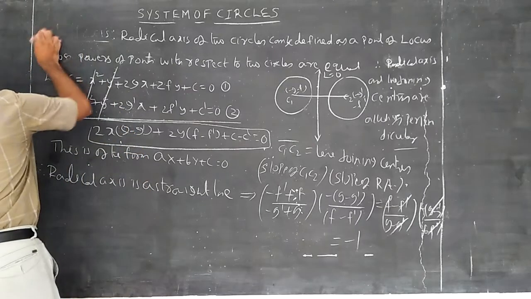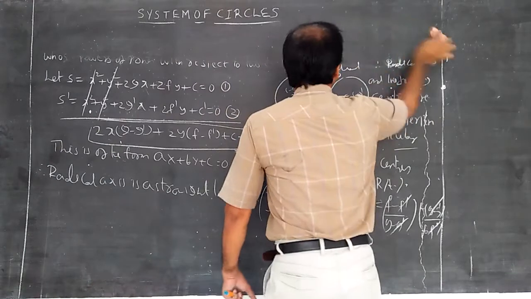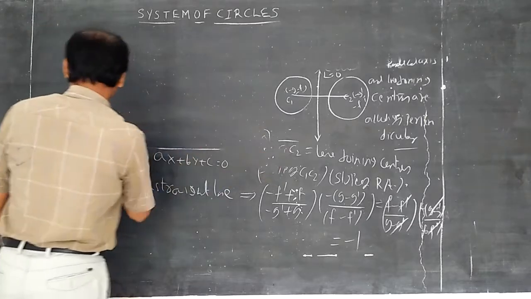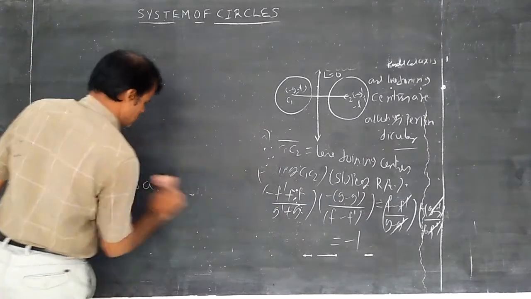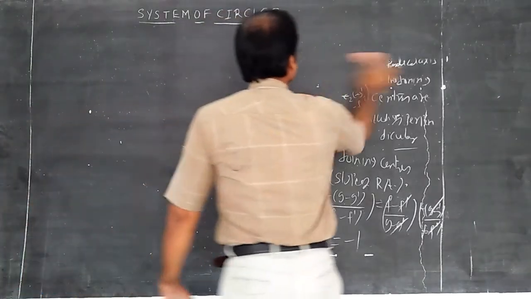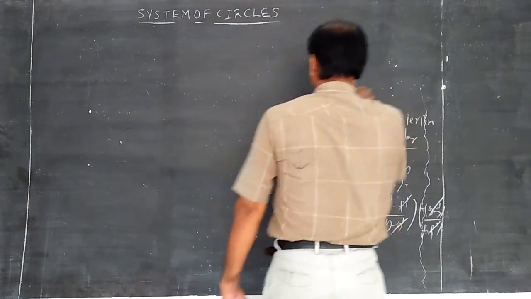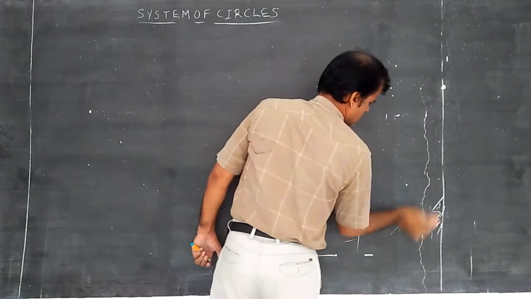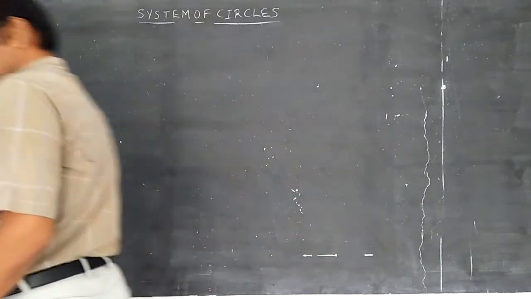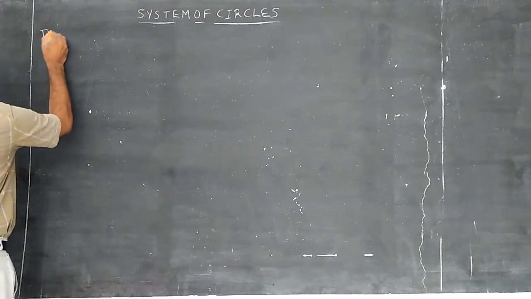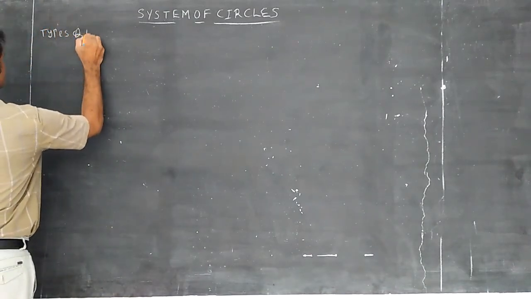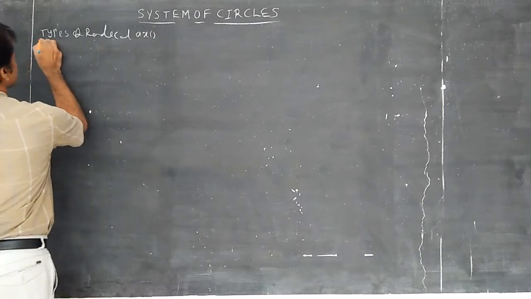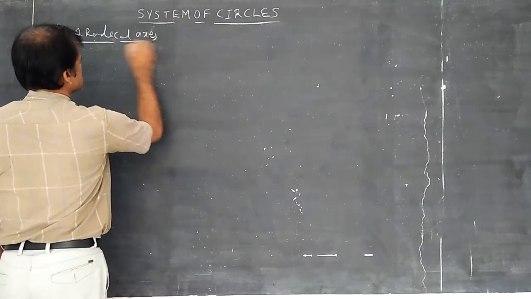Next, the types of radical axis, and the names and positions of circles and radical axis. Types of radical axis.